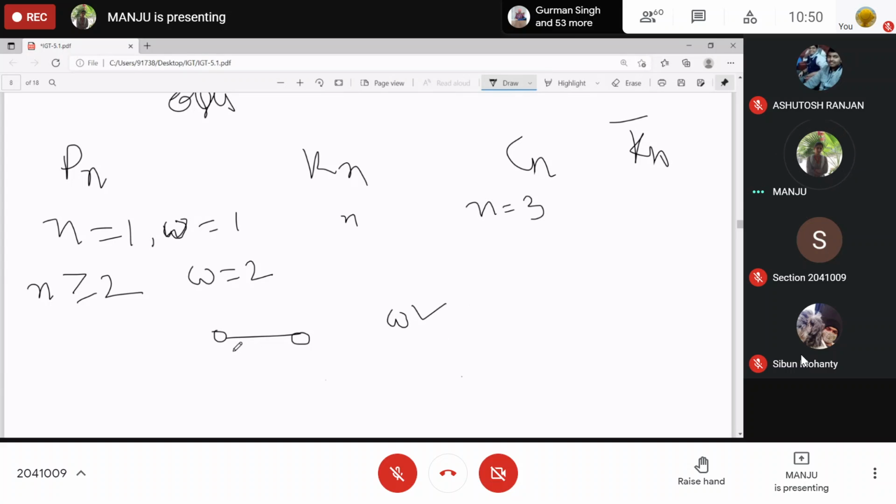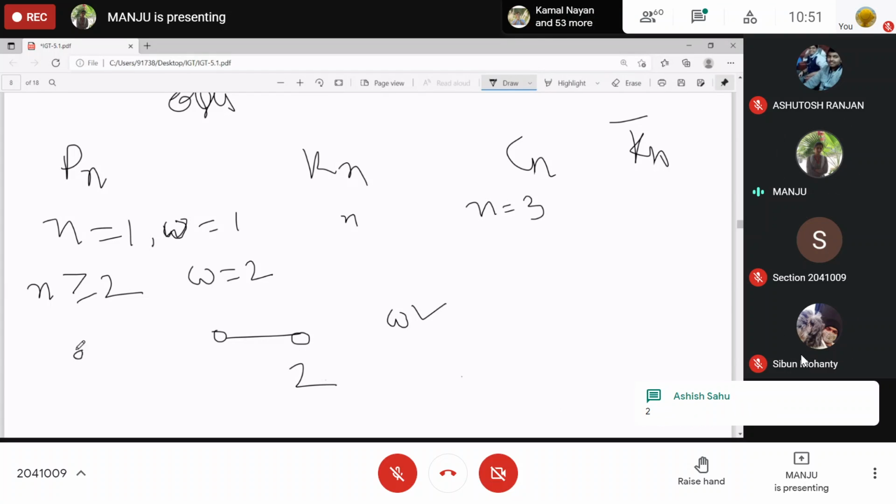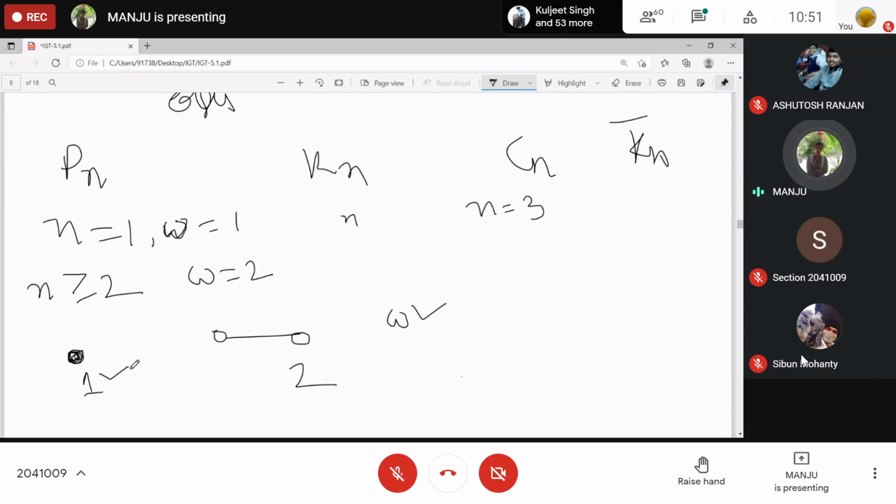So in this one, how many pairwise adjacent vertices maximum? 2. If I take this one, the vertex is present, right? So trivially, it is 1.